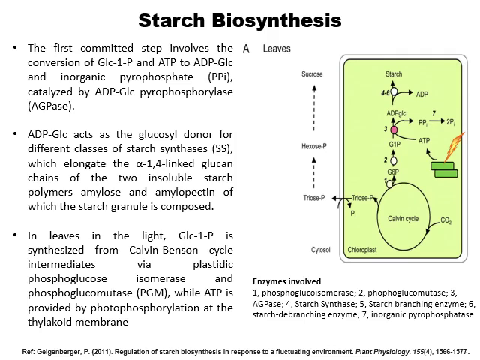Now if you remember the sucrose biosynthesis, what we noticed was that when inorganic phosphate concentration is high in the cytoplasm, triose phosphate molecules come out and are utilized for sucrose synthesis. But if it is high in the chloroplast, you'll see that the triose phosphate translocation outside the chloroplast will be lowered.